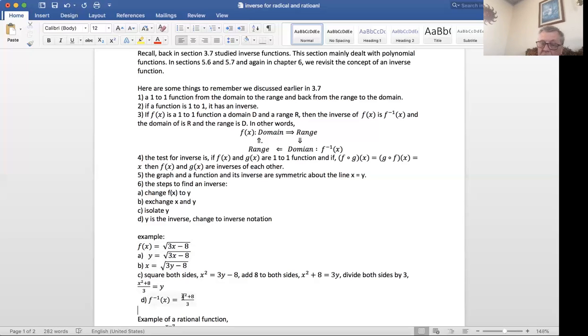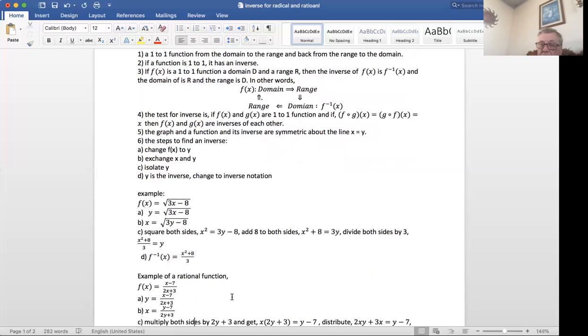Now let's plug 2 into f inverse of x. 2 squared equals 4, 4 plus 8 is 12, and 12 divided by 3 is 4. That means what we started with in f of x, we put in, got a range value, took that value from the range, put it into f inverse of x, and got what we started with. That's what inverses do.